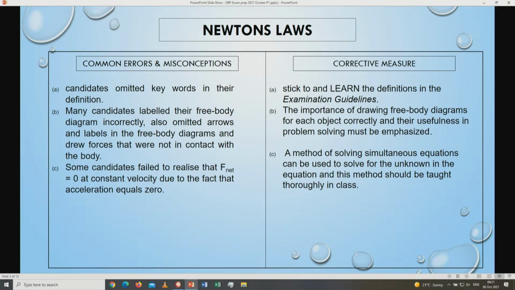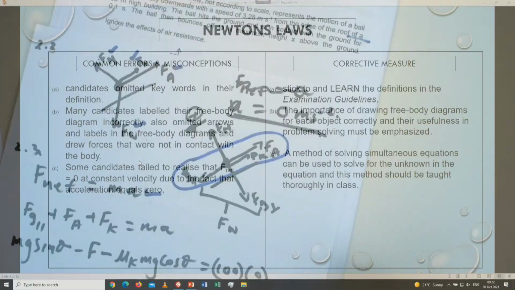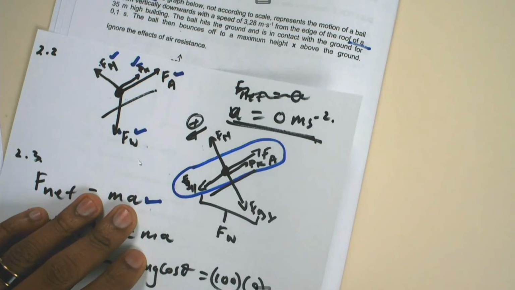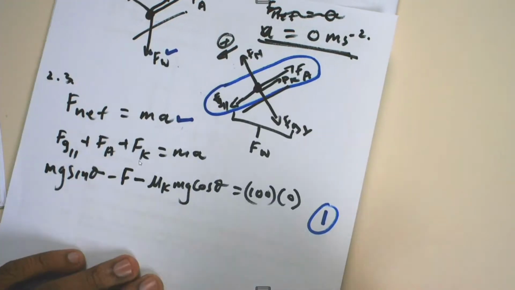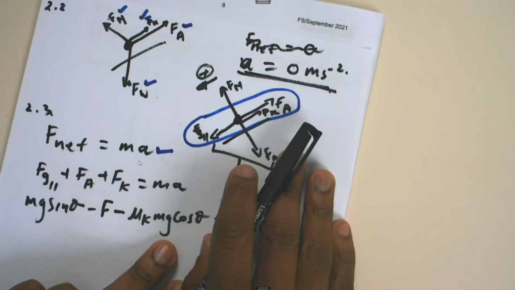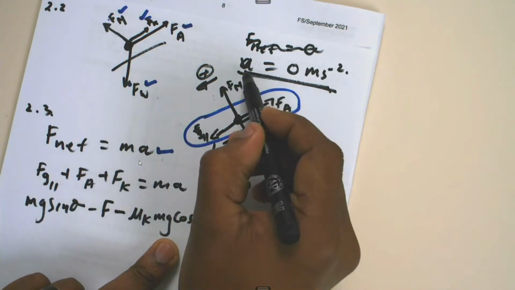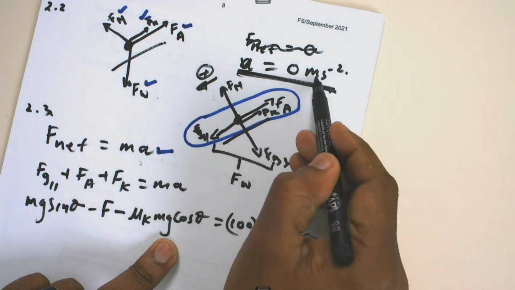Some candidates failed to realize that Fnet is equal to 0 at a constant velocity, due to the fact that acceleration is equal to 0. So when we look at the question that was given to us, we were told that it was moving at a constant velocity or a constant speed. Constant speed, we relate to acceleration being equal to 0.